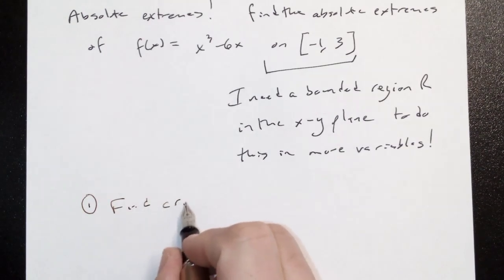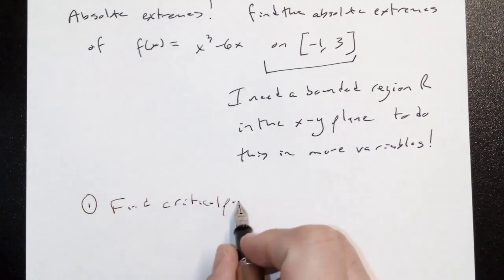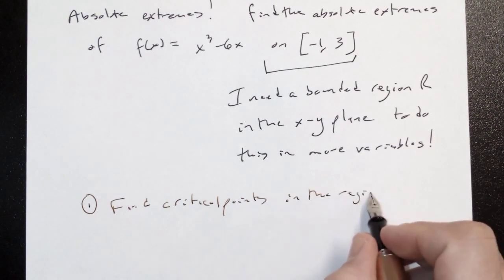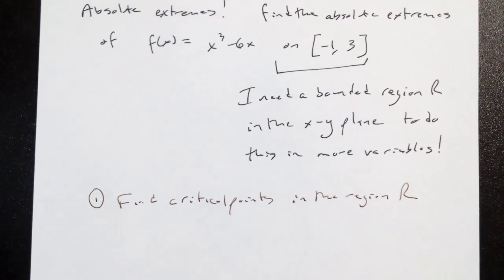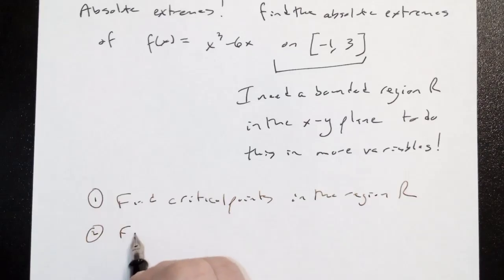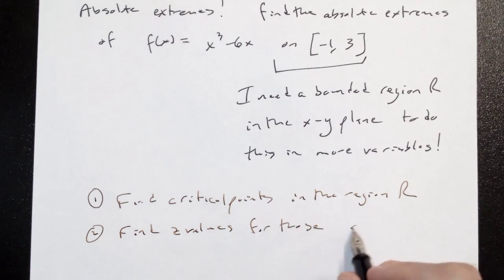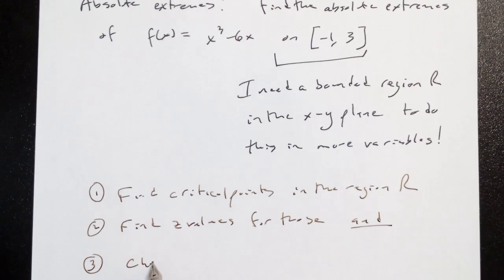Find the critical points in the region R, and then find z values for those. And this is the important part.